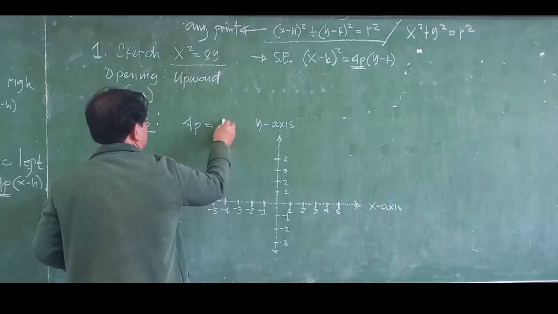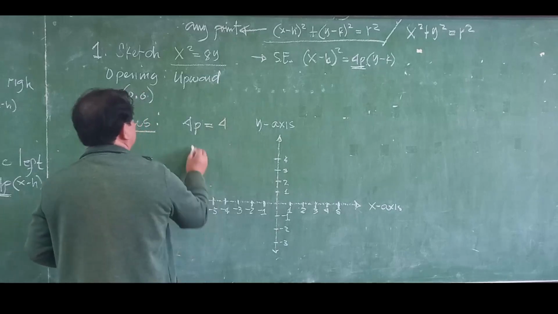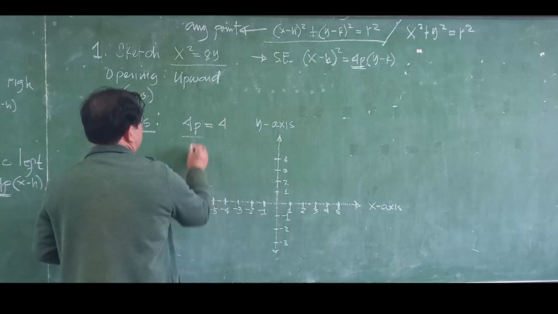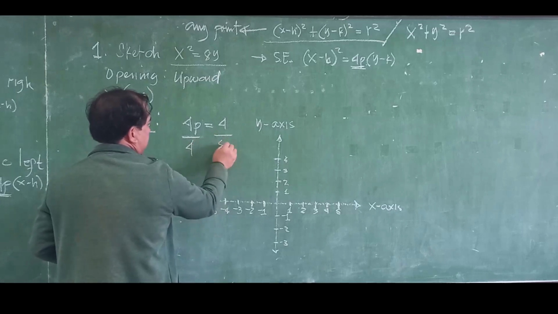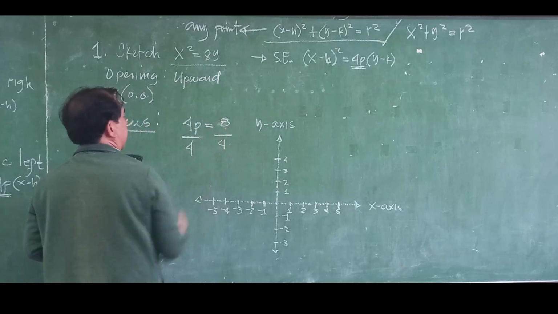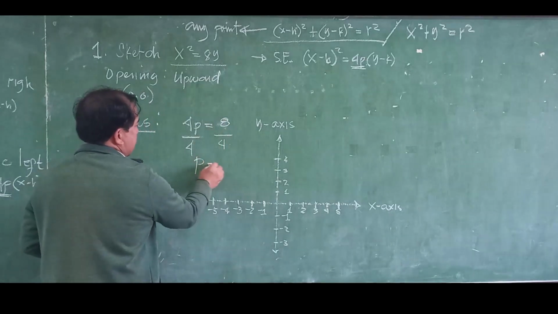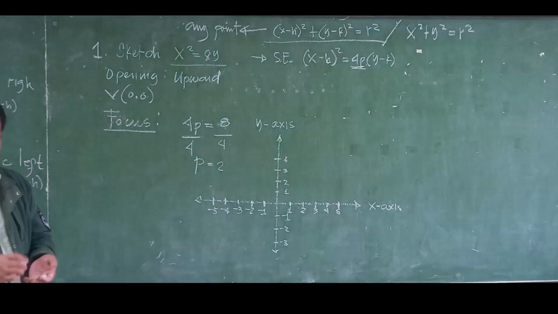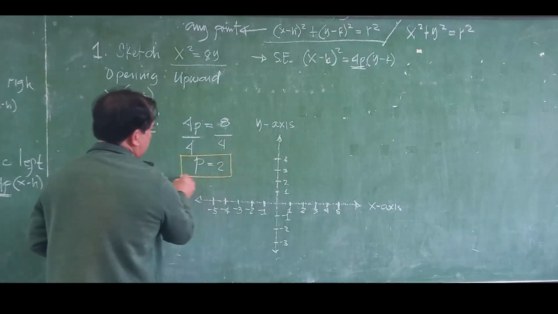That is 4p. Having this one, we can now have the value of p, which is 8 divided by 4. So p now is 2. So our p is 2.